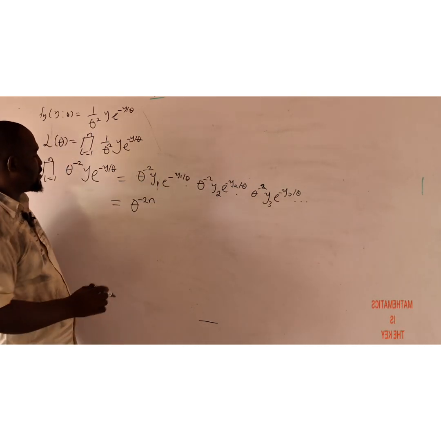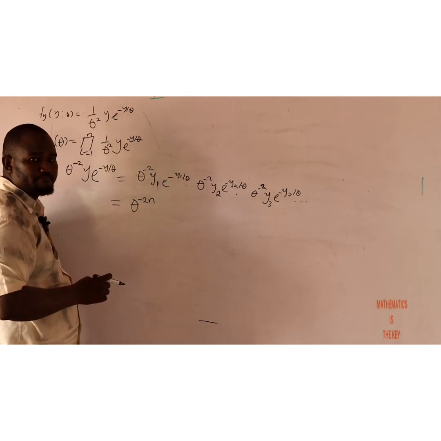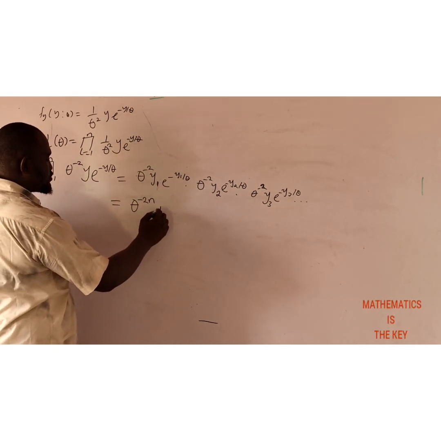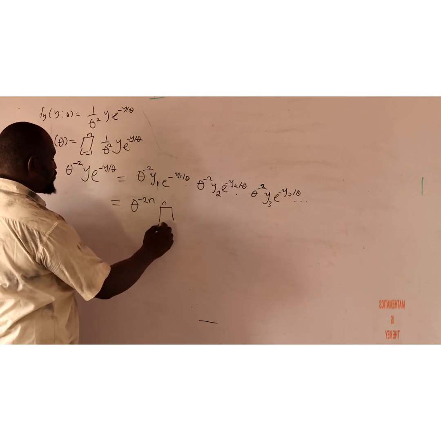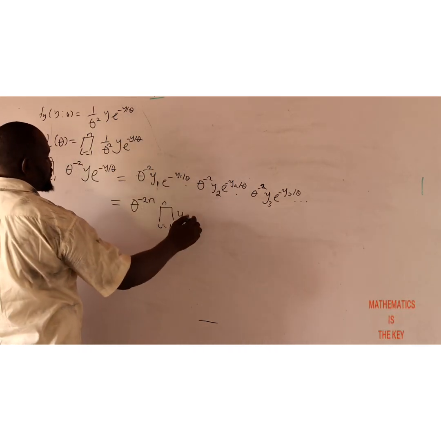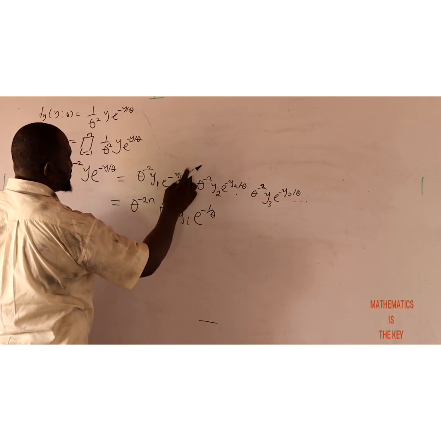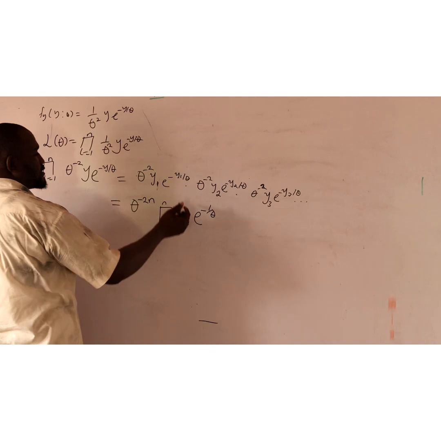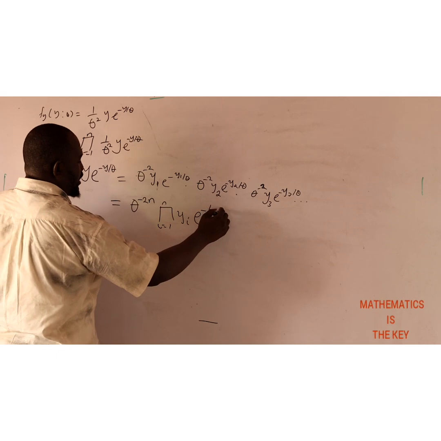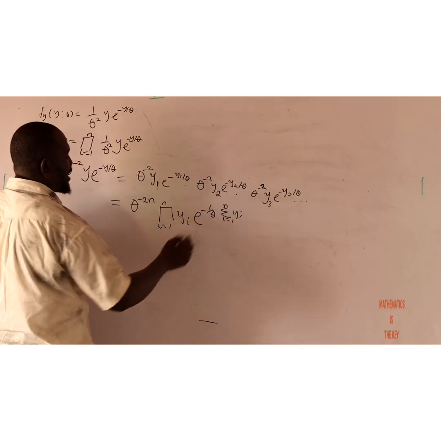Then y1 multiplied by y2 multiplied by y3 is going to be the product from i equals 1 to n of yi. For the exponential, we all have 1 over theta in the factors, then y1 plus y2 plus y3 and so on, which is the summation from i equals 1 to n of yi.